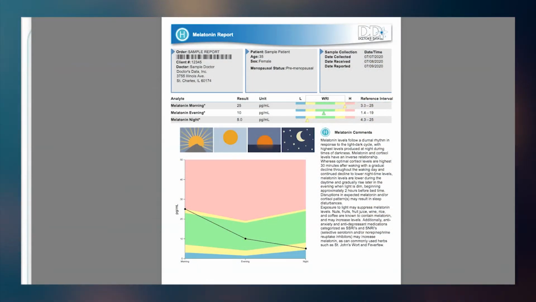With these 4 collections, we get graphs with points marked on them, so we can track what's going on throughout the day, where their rhythms are going, and how we can improve those with either melatonin, or maybe by getting some different light into their system, as Anna was talking about earlier. All those things impact sleep, which is highly important. This is a great test to do. We can even repeat it in a few months to see if there are improvements with their cycles.